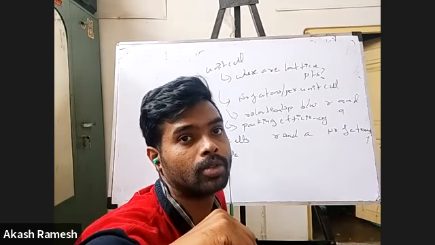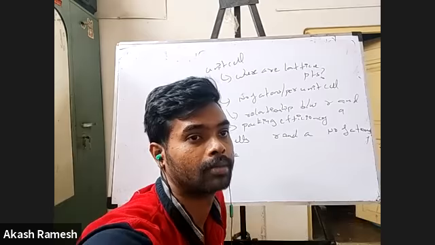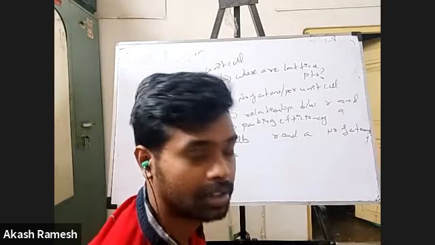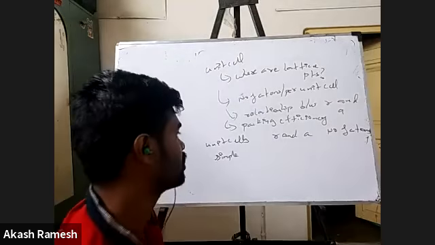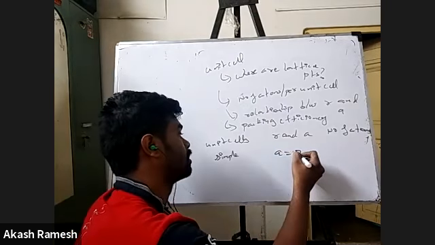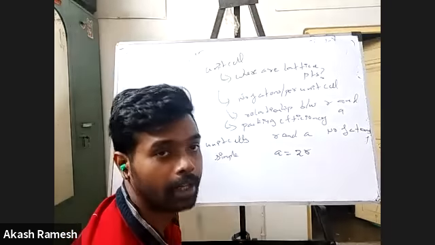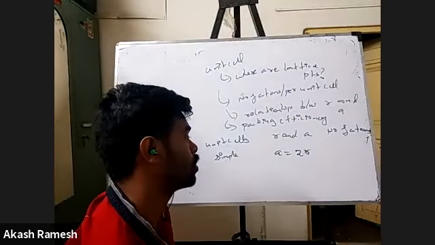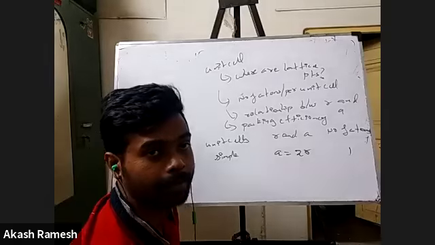A is equal to 2R. So what I wrote was correct then. R is equal to A by 2. So A is equal to 2R and the number of atoms per unit cell is 1.